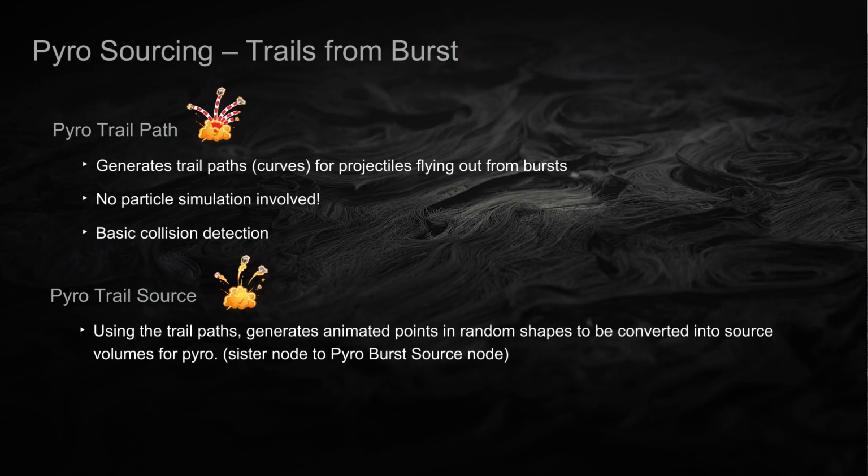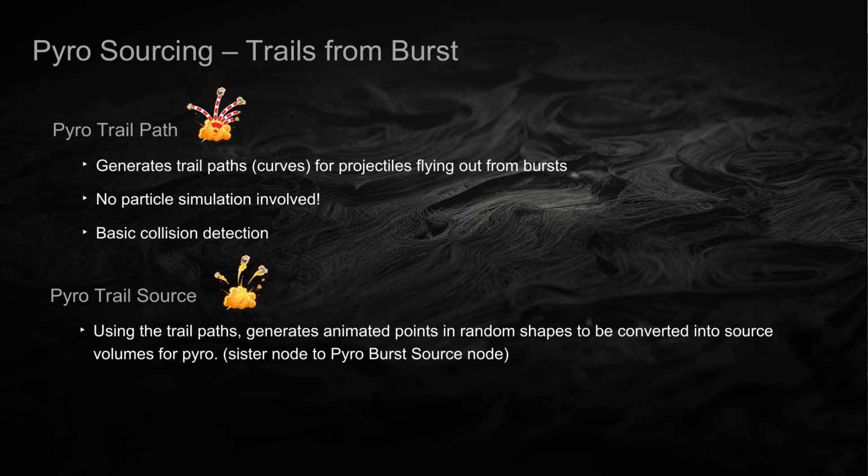Then, yeah, so these are only the paths, but the question you can ask is, how do we get the actual points? How do we get animated points out of these curves and use them as the Pyro source? The answer to that is the Pyro trail source node, which I consider the sister node of the Pyro burst source node.